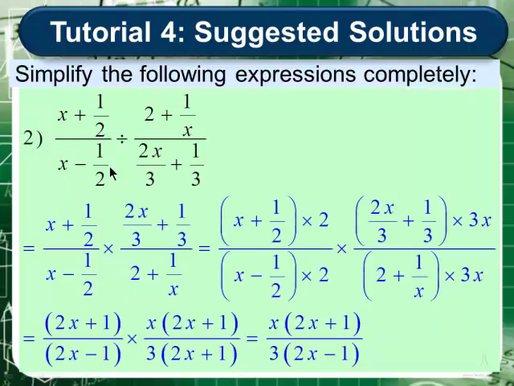In the second problem, we had a compound algebraic fraction divided by another compound algebraic fraction. Now the first thing to do here is to change the division into multiplication with the reciprocal of the compound algebraic fraction on the right. Clearly we just swap the numerator and the denominator positions.